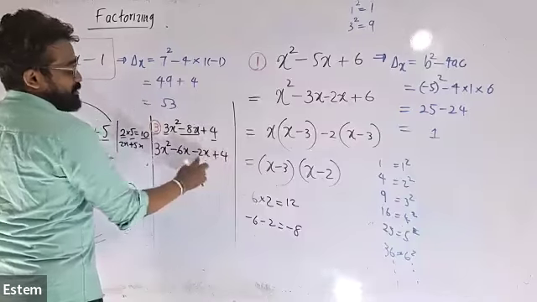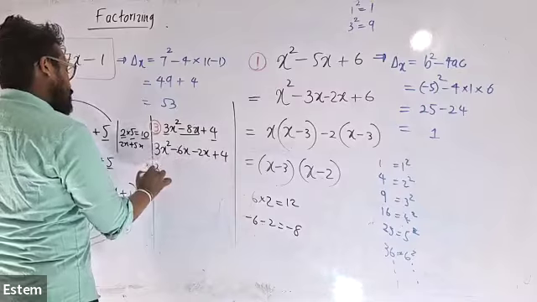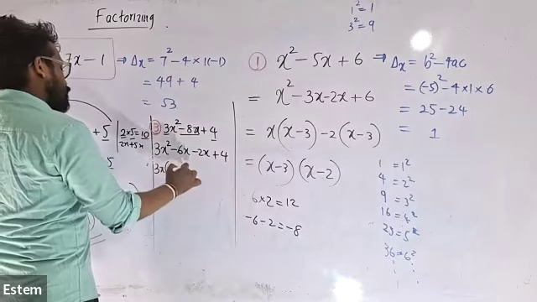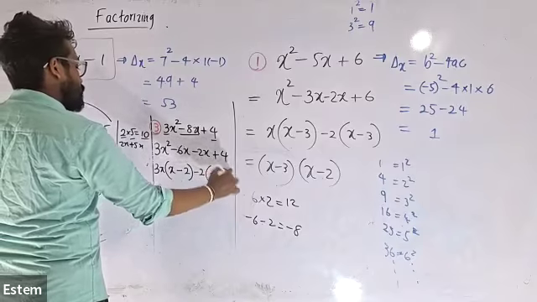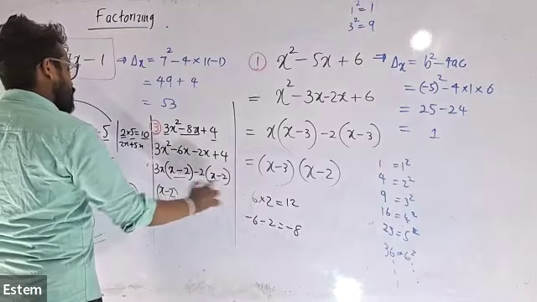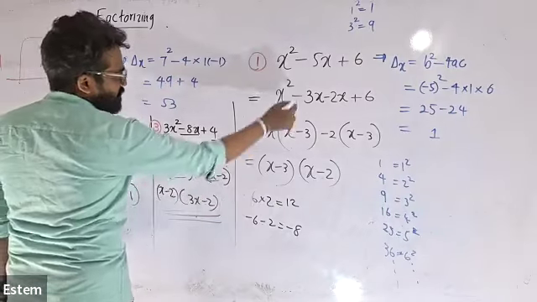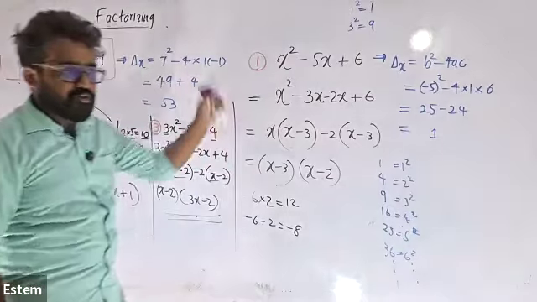It is easier to keep 6 and 3 closer. So pull out 3x here, and this is x minus 2. And pull out 2, and it is x minus 2. Very easy. 3x minus 2 and x minus 2. The same way. How do we find that? From the discriminant, b squared minus 4ac.